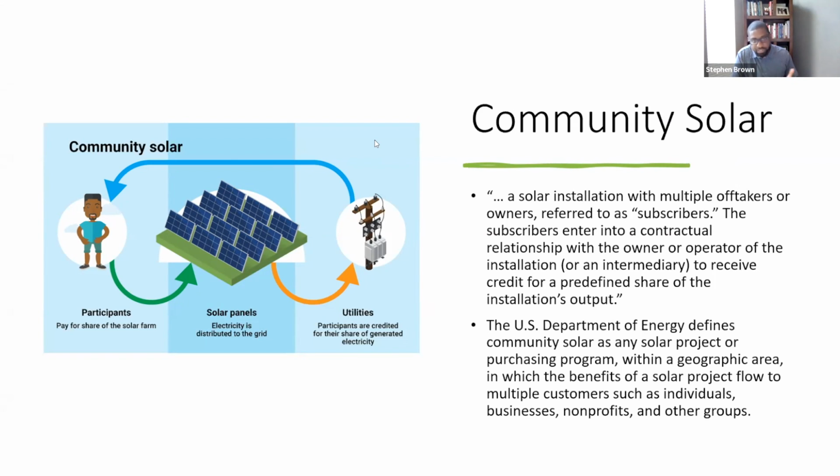There's one definition. Another one is what DOE defines as community solar: any solar project or purchasing program within a geographic area in which the benefits of a solar project flow to multiple customers, such as individuals, businesses, nonprofits, or other groups.